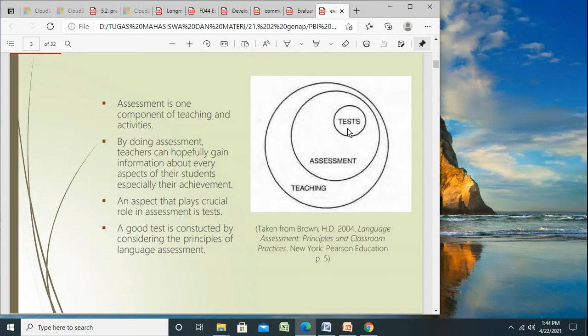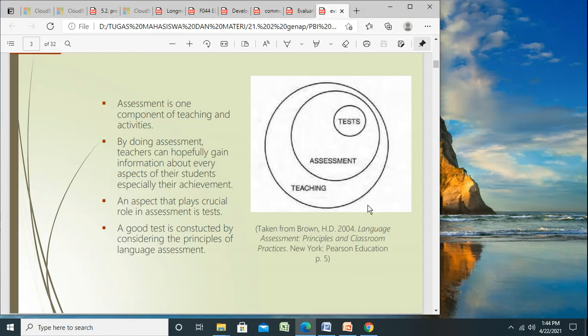Okay, so assessment is one component of teaching activities, and by doing assessment, teachers can hopefully gain information about every aspect of their students, especially about their achievement. An aspect that plays a crucial role in assessment is called a test. A good test is conducted by considering the principles of language assessment.